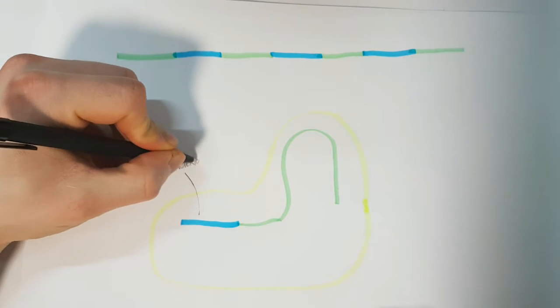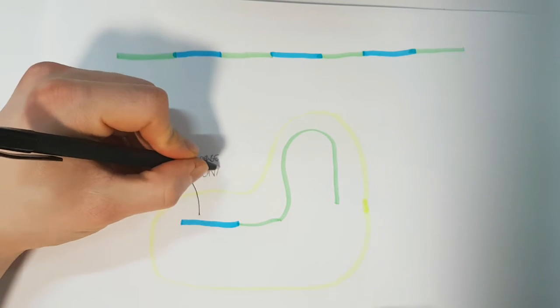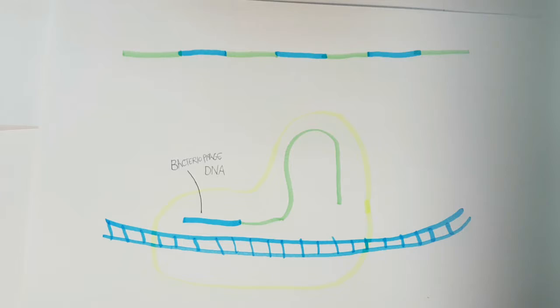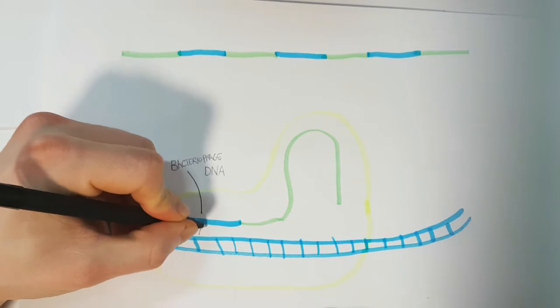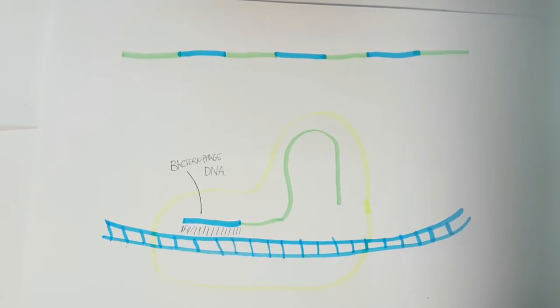If a bacteriophage is to infect the bacterial cell, some of its DNA may be complementary to the sequence within a protospacer. If this is the case, the protospacer will direct the CRISPR RNA and the Cas9 enzyme to this sequence of DNA within the bacteriophage.